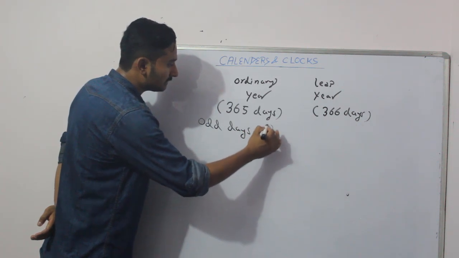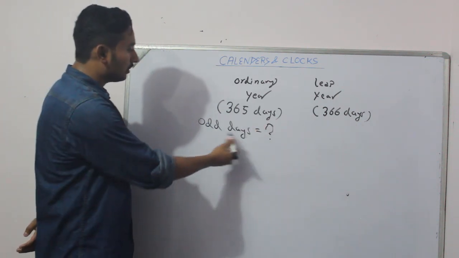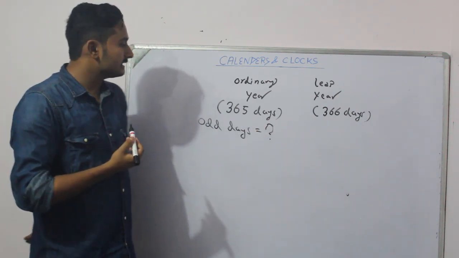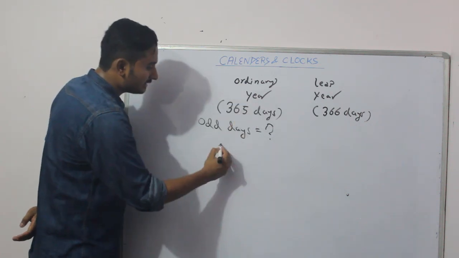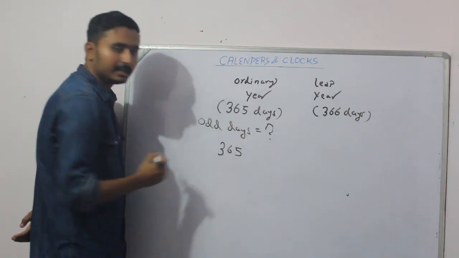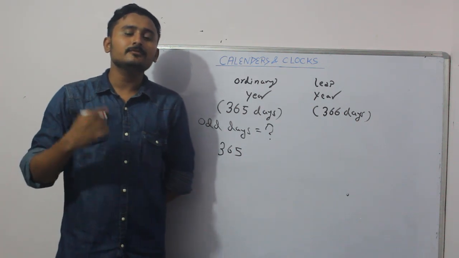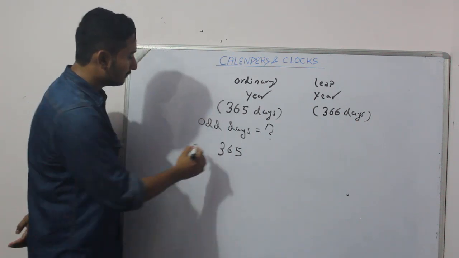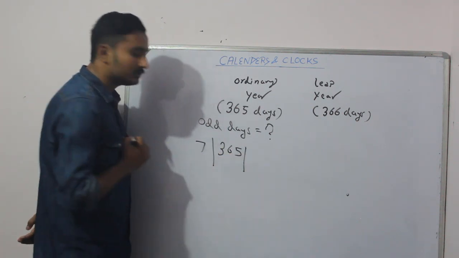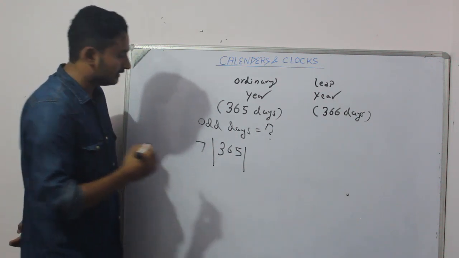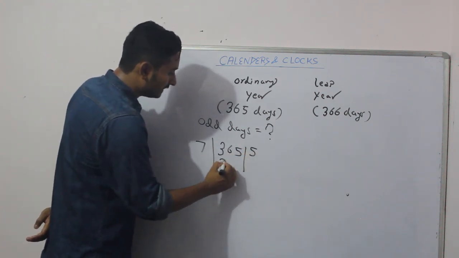The question must arise, what are these odd days? When we have 365 days in an ordinary year and we know that in 1 week we have 7 days, we are going to divide 365 by 7.